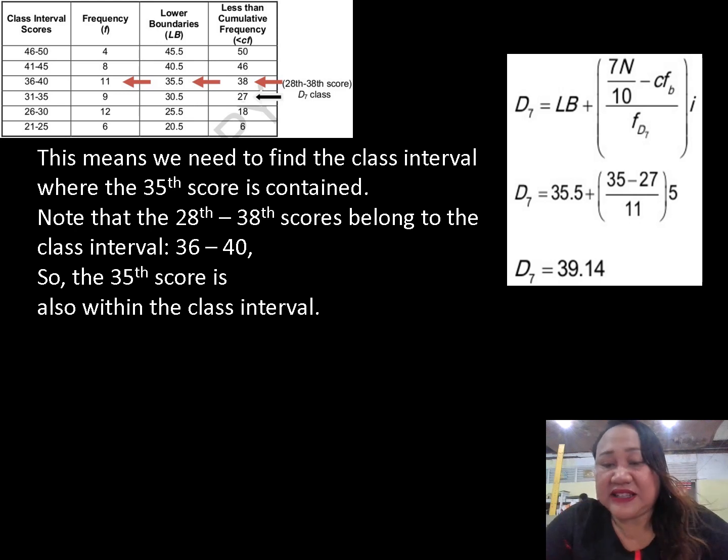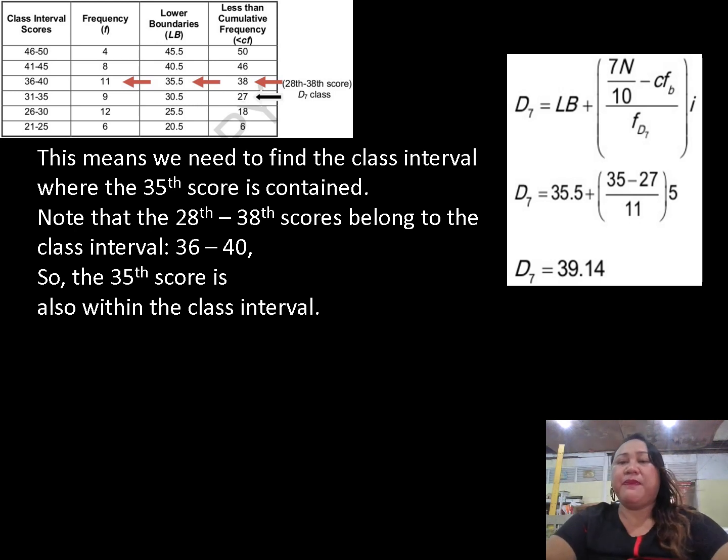So this is the formula. Let us solve together. D sub 7 is equal to the lower boundary, which is 35.5, plus 7n over 10, because we're getting the D sub 7 class, minus the cumulative frequency before the boundary, which is 27. The boundary is 38, and before that boundary is 27. Over F sub D sub 7, the frequency of the scores between 28 and 38, which is 11, times the interval, which is 5.